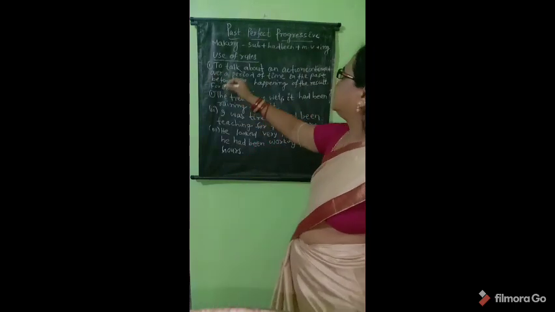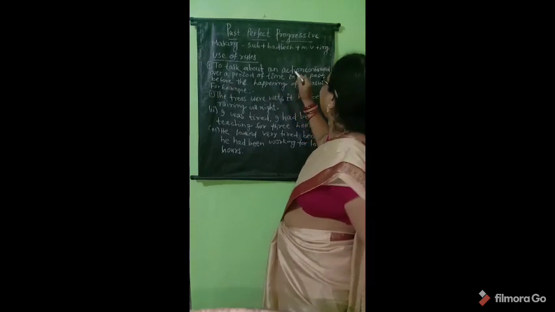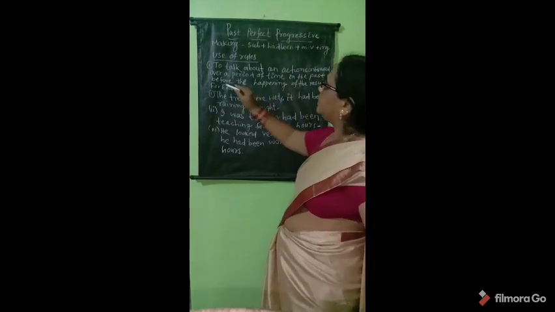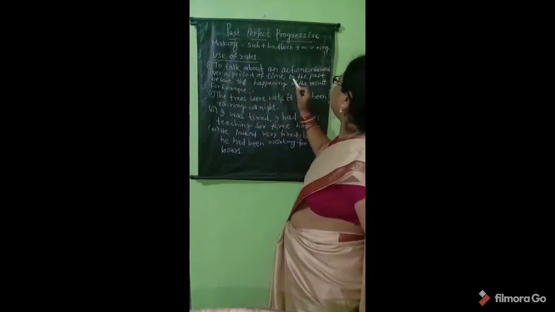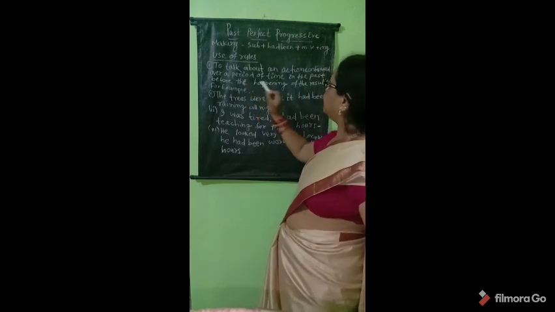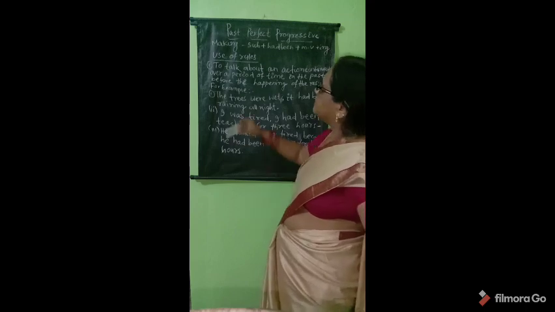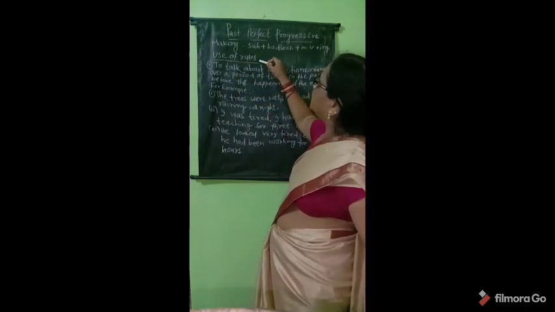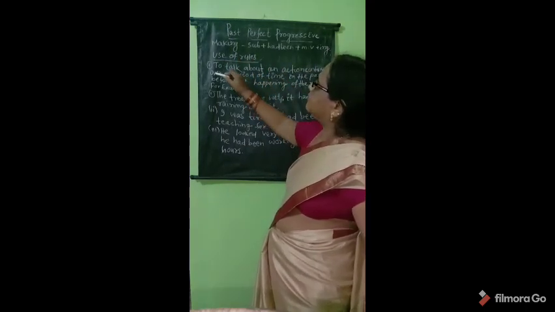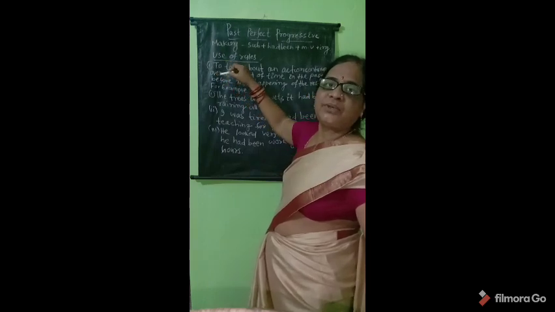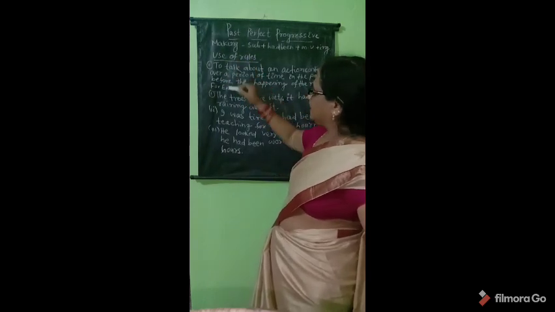The first rule: to talk about an action continued over a period of time in the past before the happening of the result. This is the use of the rule. First formula, how we use this rule in sentences.